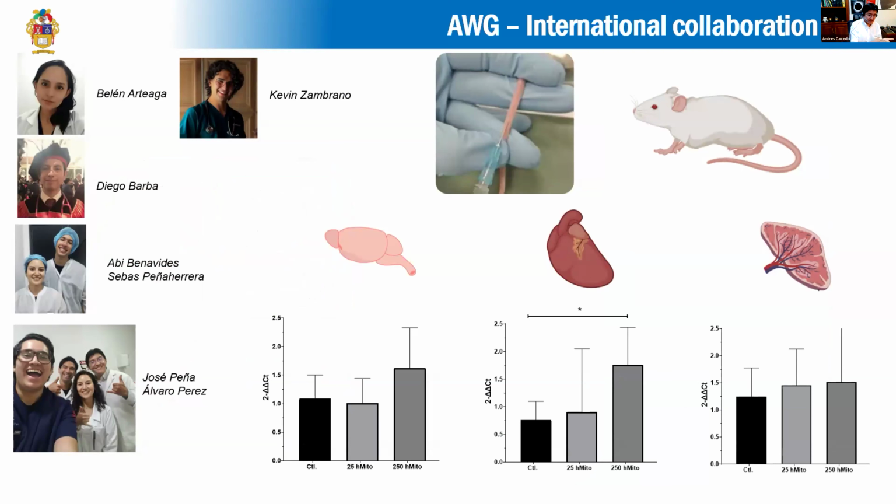Later, our team here at the USFQ infused intravenously mesenchymal stem cell mitochondria into mice, trying to understand a little more about their distribution. We observed that these mitochondria go to the brain, the heart, and also the spleen, and have different effects.